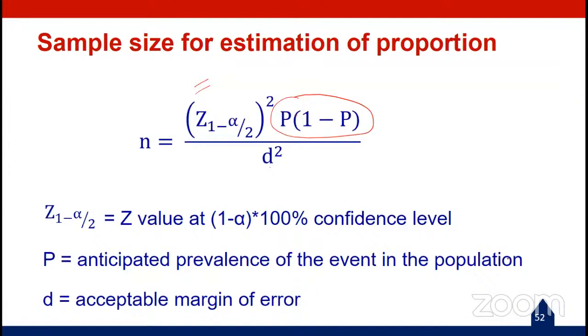You need to refer to your previous articles or do a pilot study, and come up with the anticipated prevalence of the event in the population. If you know this and plug in the inputs, you will be able to compute the sample size.